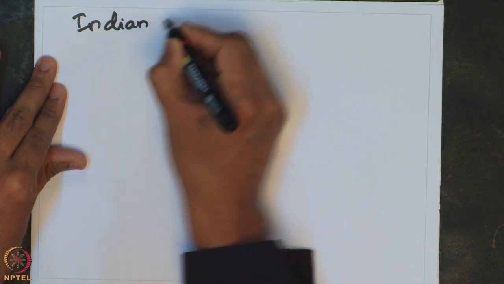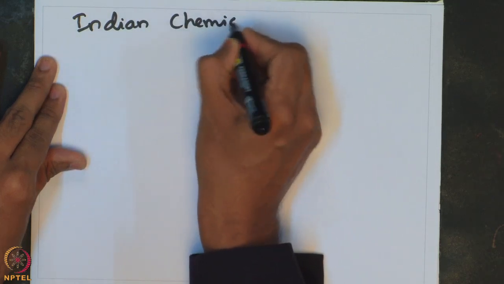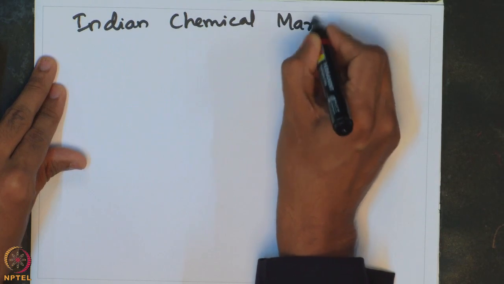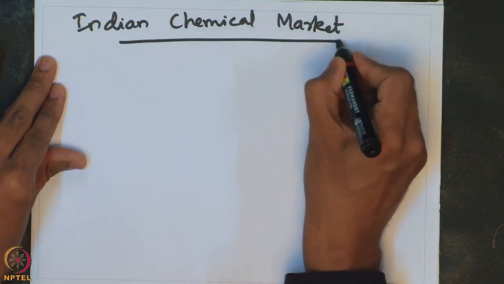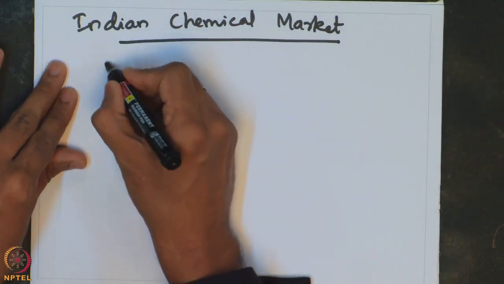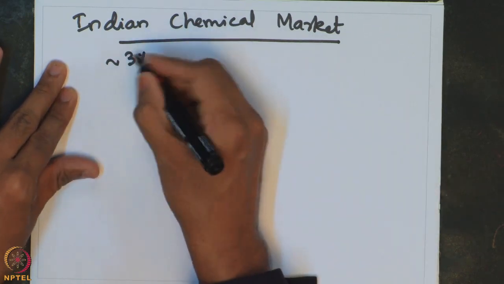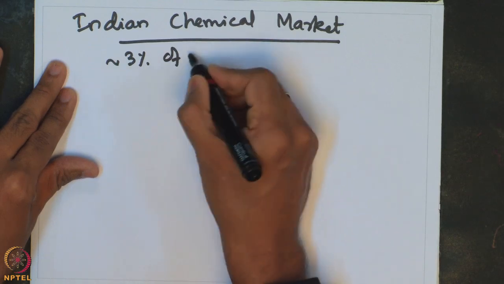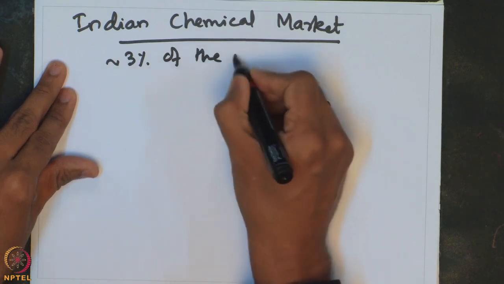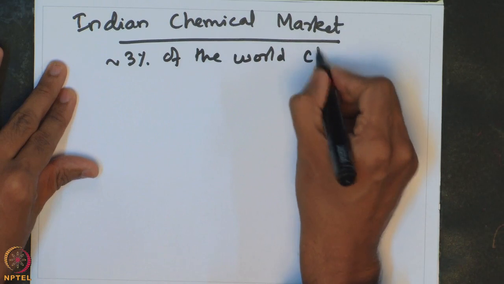Now, let us look at a specific case of what the situation is in the Indian market. In the Indian chemical market, as of 2014, it corresponds to approximately 3% of the world chemical market.